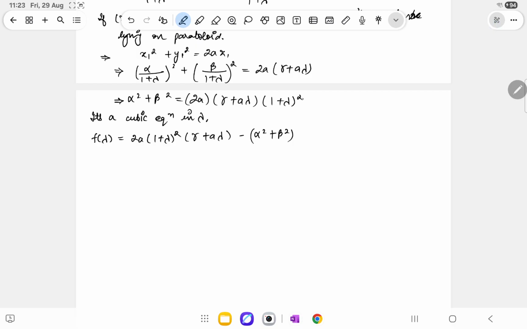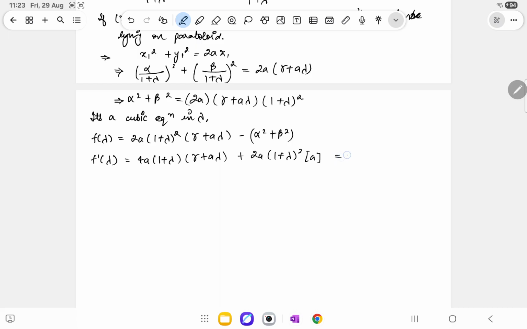We'll take the derivative of this function, f dash lambda. If we solve it, we'll get 4a into 1 plus lambda into gamma plus a lambda, plus 2a into 1 plus lambda square into a. This is the derivative of f.